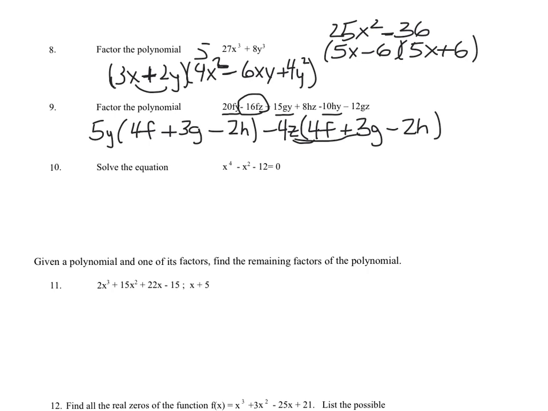You have a negative 12gz, which is right there. And you have a positive 8hz, which is right there. So it does work. The final step then, you'd have 4f plus 3g minus 2h times what's left, which is the 5y minus 4z.